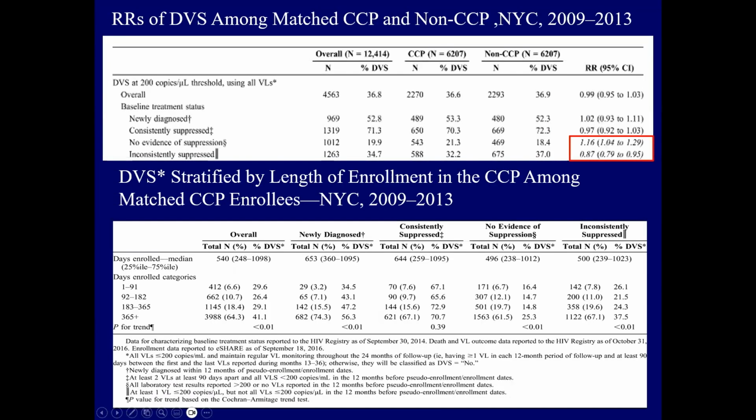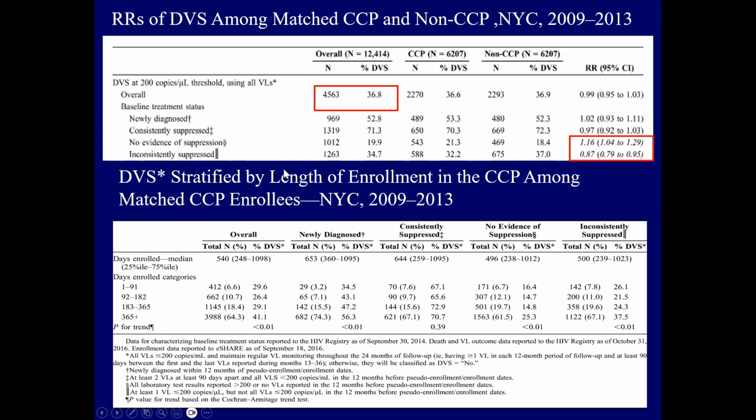So this table is where the authors examined the association between the exposure and the outcome. From this one, we can see that only 37 of the cohort ever experienced the outcome of durable viral suppression in this period. The proportion varied greatly by their baseline treatment status, basically their risk.